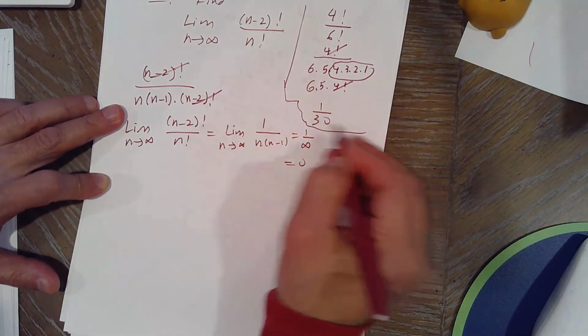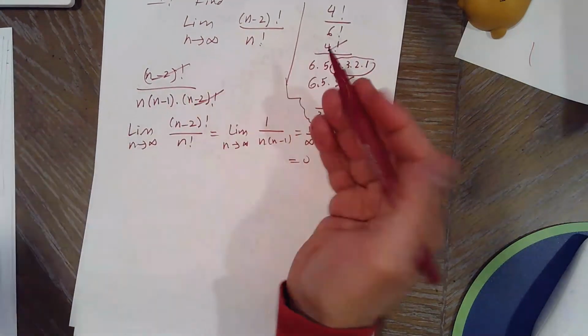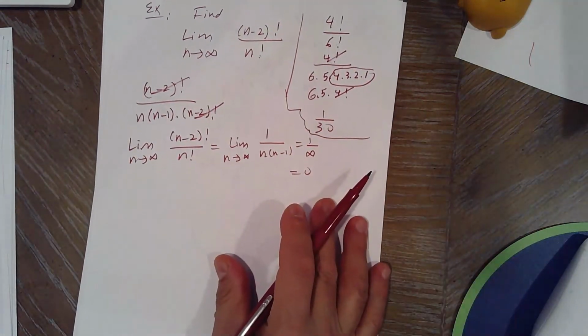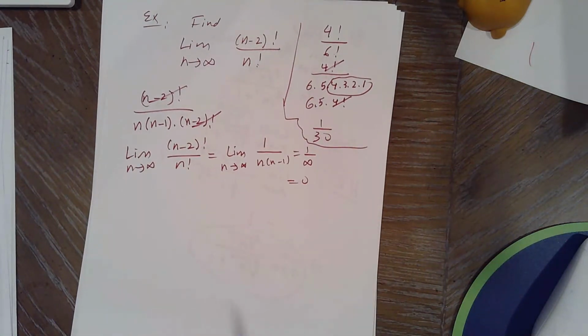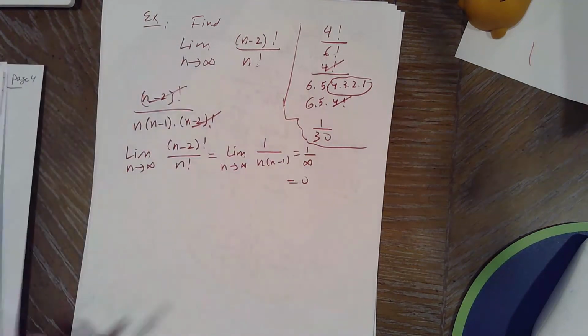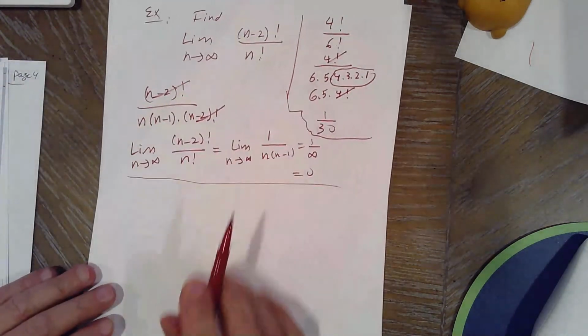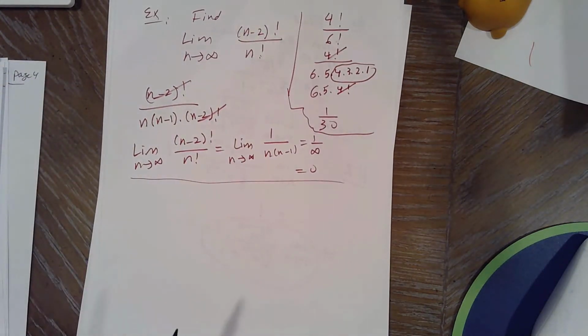And I'm sure you noticed that I didn't even go back to f of x. You don't have to. Going back to f of x was just to familiarize ourselves with n. Once we're familiar with n, we don't have to go back to f of x.